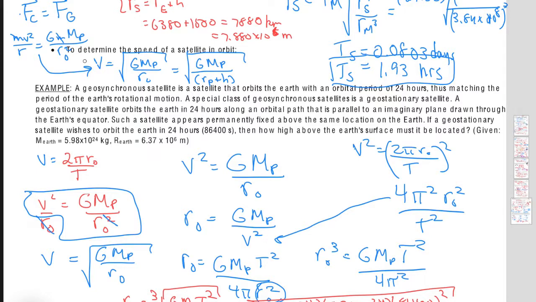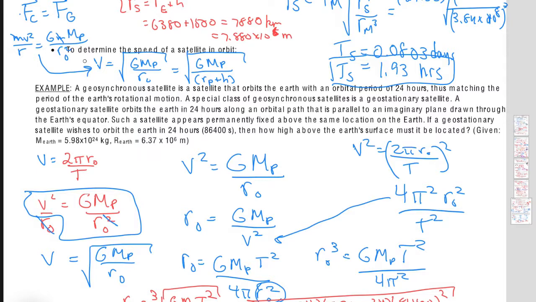So I do 6.67 e negative 11 times 5.98 e 24 times 86,400 squared divided by 4 pi squared, and I get an orbital radius of 4.23 times 10 to the 7th meters.